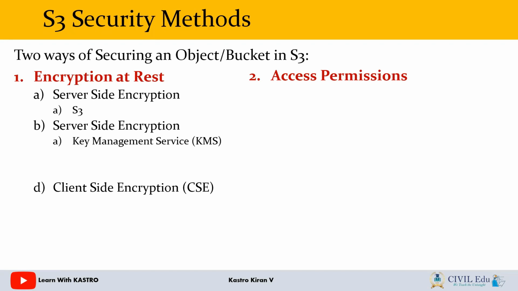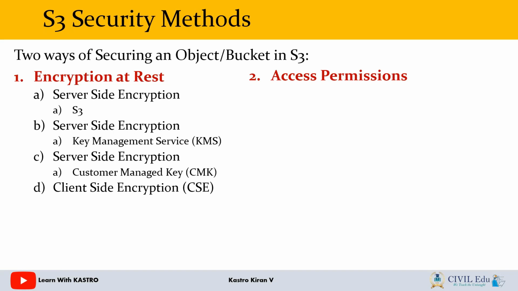And the third category is server side encryption relevant to customer managed key, also called CMK. So these are the four types of encryptions under the category of encryption at rest. And the second way of securing the objects or buckets is by using access permissions.